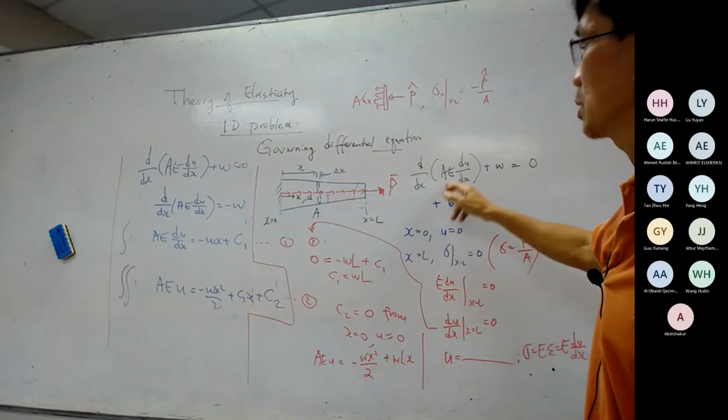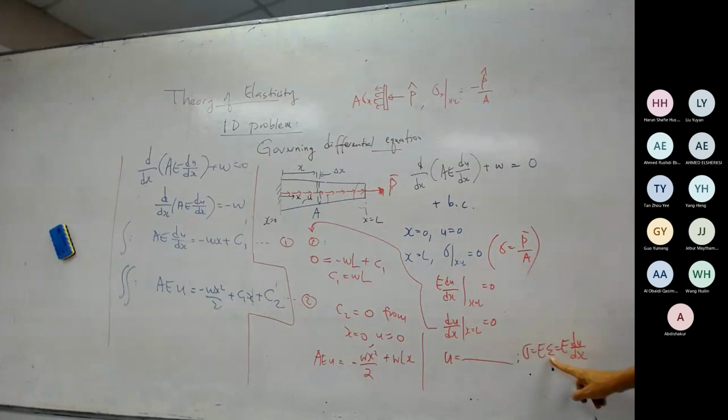So we solve for u, then we get back to the strain by using the strain displacement relations, and we multiply the strain with E using the stress strain relations to get the stress. That is how we solve 1D problems using the governing differential equation.